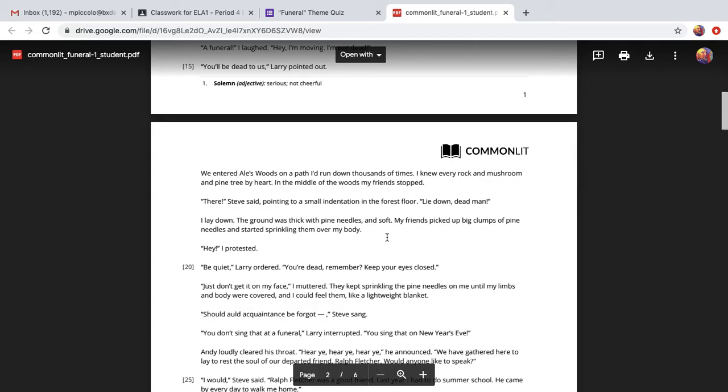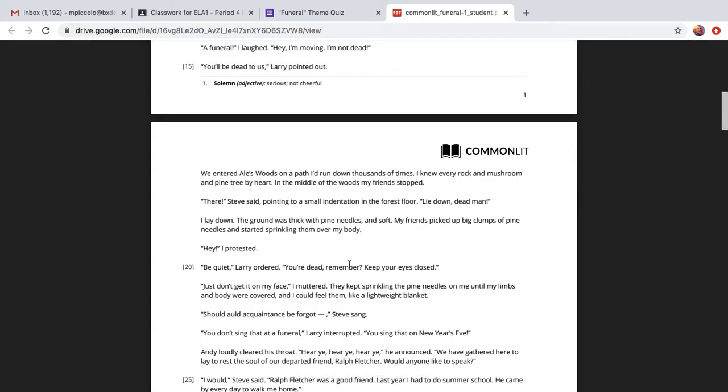So they go into the woods. They make Ralph lay in this shallow grave that they dug for him, and they cover him with leaves and stuff. And they eulogize him pretty much. They talk about how great of a friend he was and all the fun times they had, and their memories of him.